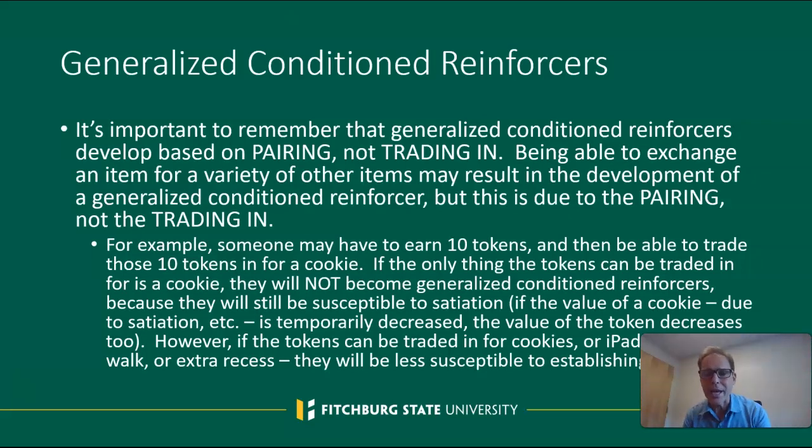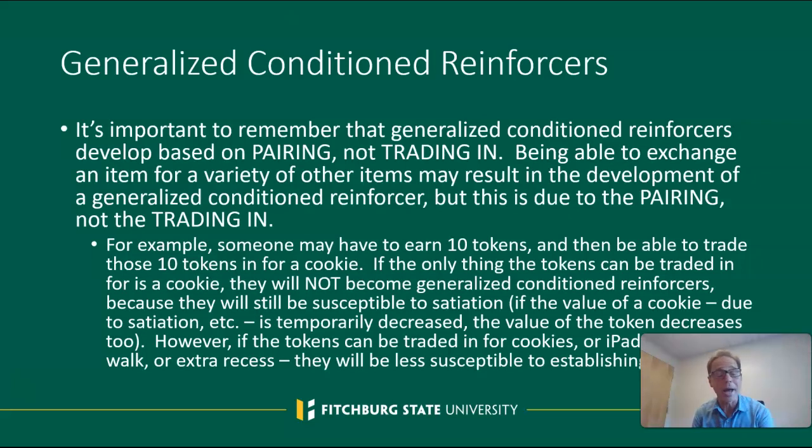Someone may have to earn 10 tokens and then be able to trade those 10 tokens in for a cookie. If the only thing the tokens can be traded in for is a cookie, the tokens will not become generalized conditioned reinforcers because they will still be susceptible to satiation.